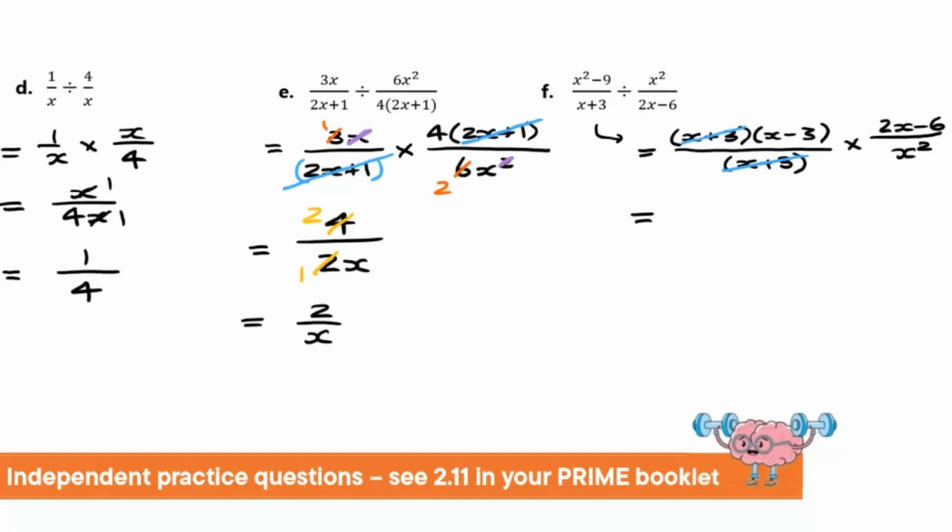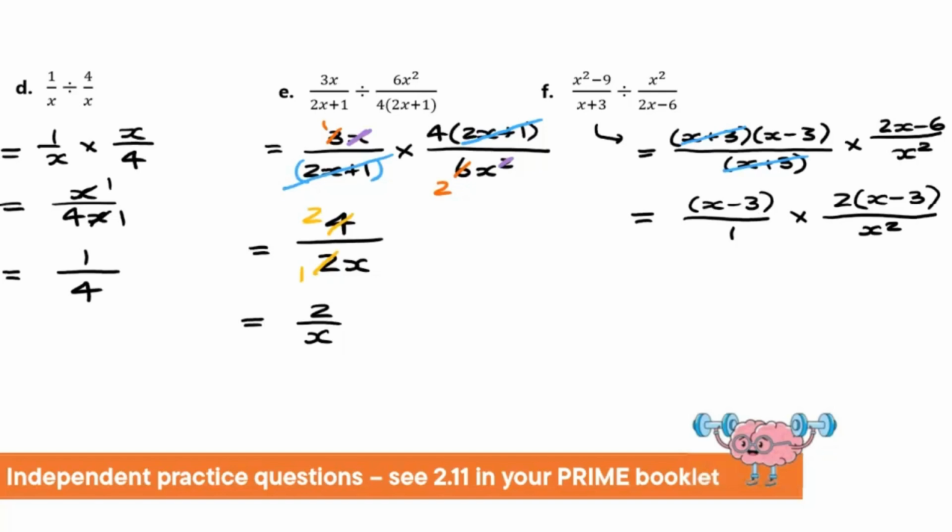Then there's a few ways you could look at this next one actually. We said we always want to factorise, so let's look at what we've got left. We've got x minus 3 over 1 here times, I've left that over 1 because we're going to be multiplying by a fraction. It's nice to have that numerator and denominator. Now this 2x minus 6, we could have factorised that to be 2 times x minus 3 over x squared.